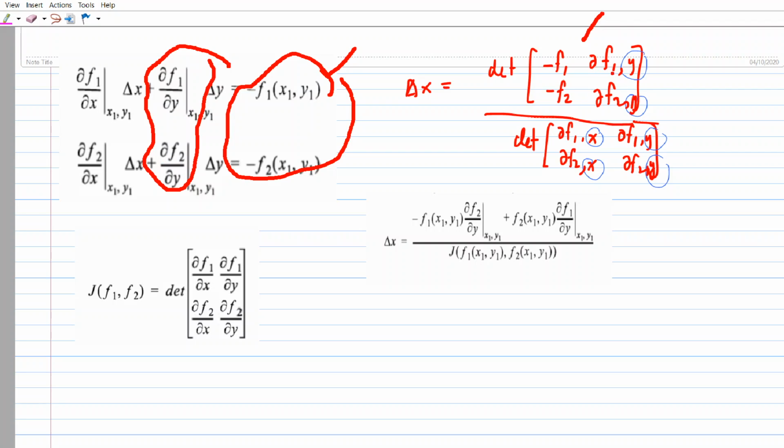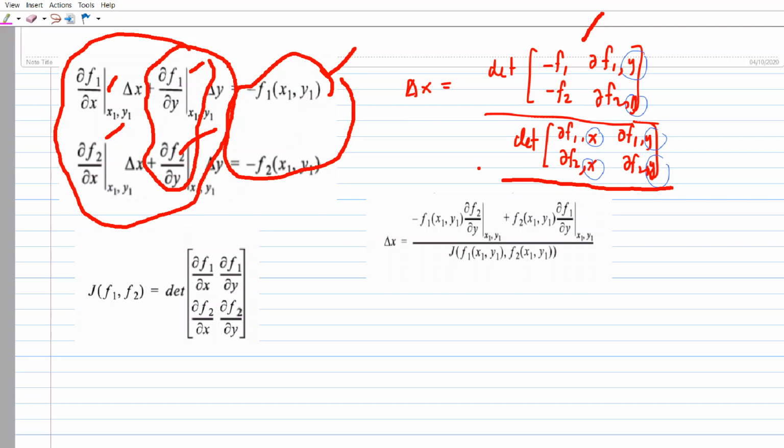I simplified my notation here, df1 comma y, to signify that it is with respect to y. Now the denominator is the determinant of df1 dx, df2 dx, and df1 dy, df2 dy. This denominator is actually called the Jacobian.